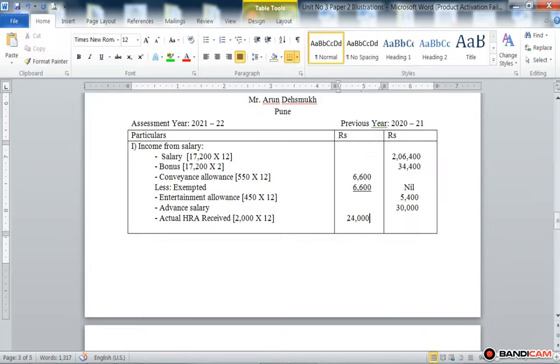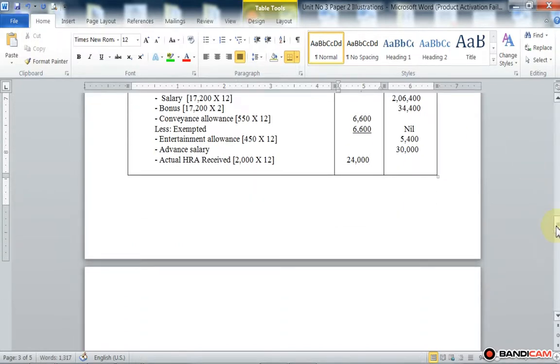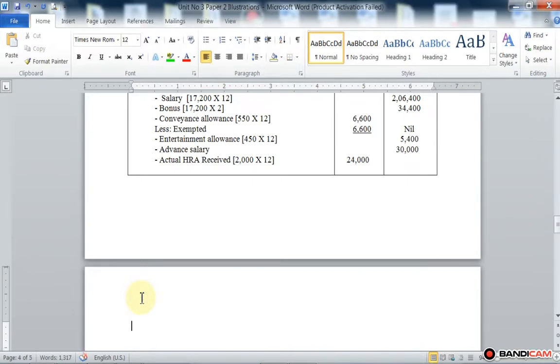For computation of exempted HRA we need to find out the salary for HRA. So salary for HRA is equal to basic salary plus DA, DA means dearness allowance considered for retirement benefit, plus commission on sales.